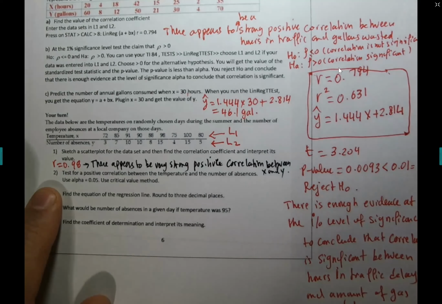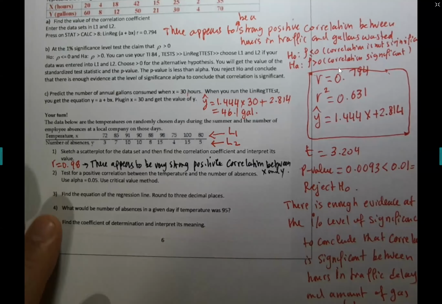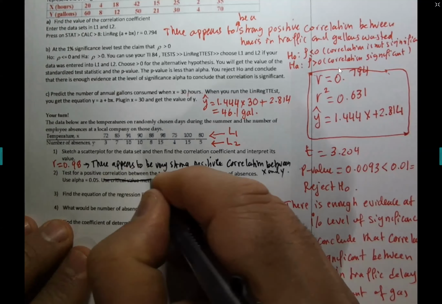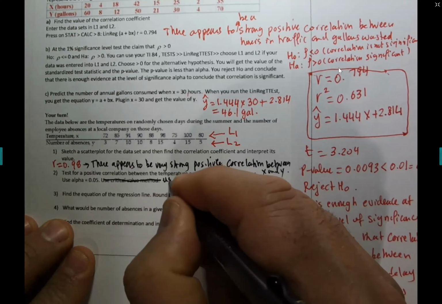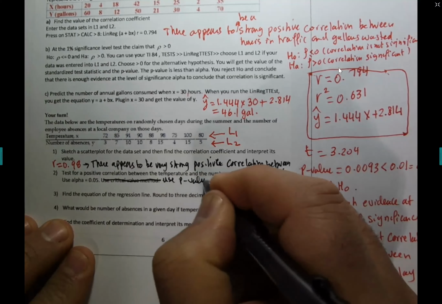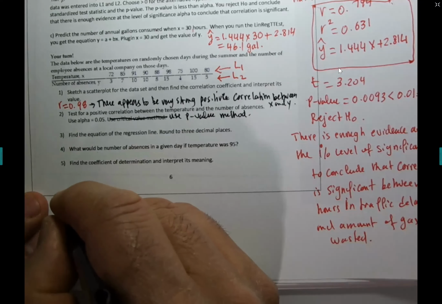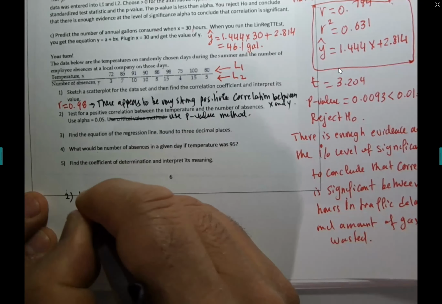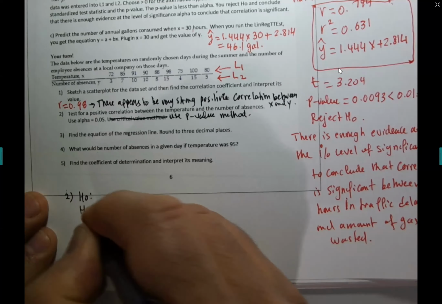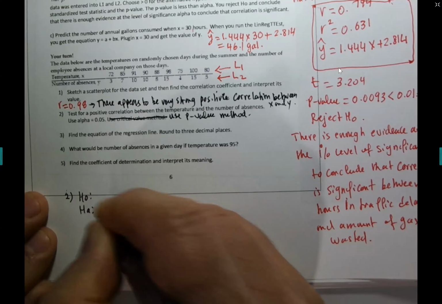Number 2, test for positive correlation between the temperature and the number of absences. Use alpha 0.01. I'm not going to use a critical value method. I'm going to use a p-value method. Okay, I'm going to do number 2 right here, guys. So H0, HA. Rho has to be greater than 0.